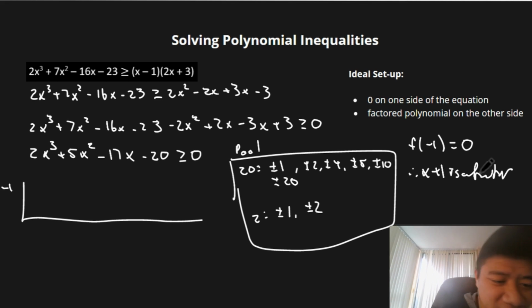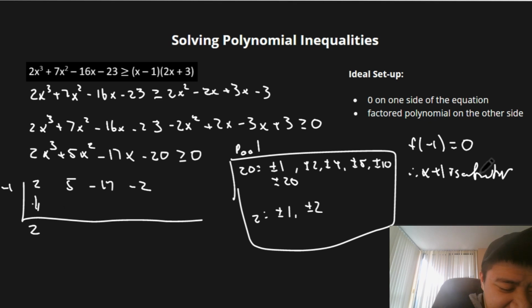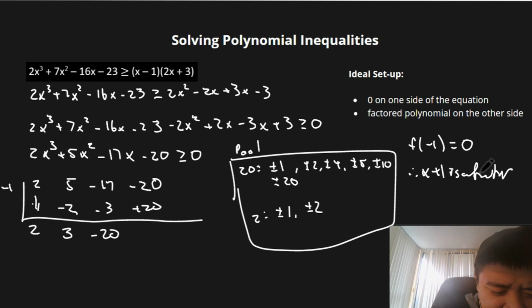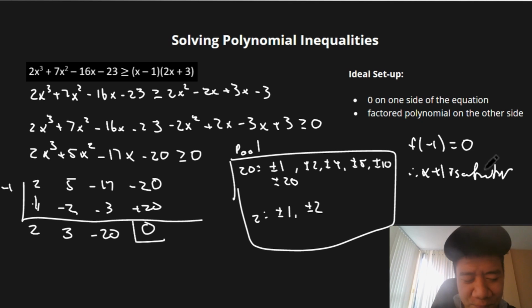Okay, negative 1, 2. Bring this down. 2. 2 times negative 1 is negative 2. 3. Negative 3. Oh, 20. Positive 20. Nice. Works out.